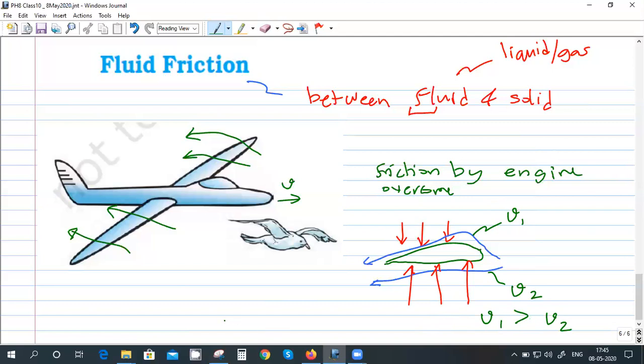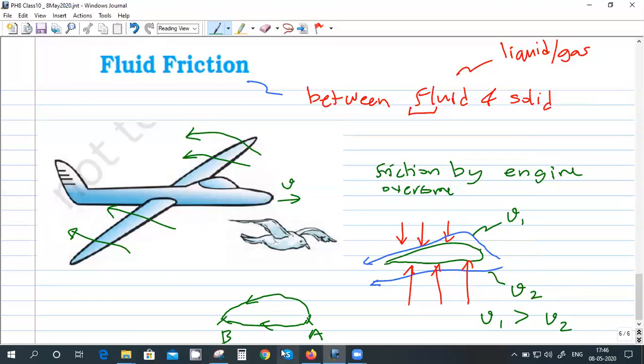Suppose there are 2 points here, A and B. This is A and this is B. From A to B, I'm going in this direction, and another one is going in this direction, reaching point B at the same time. Where will the velocity be more, the upper one or the lower one?